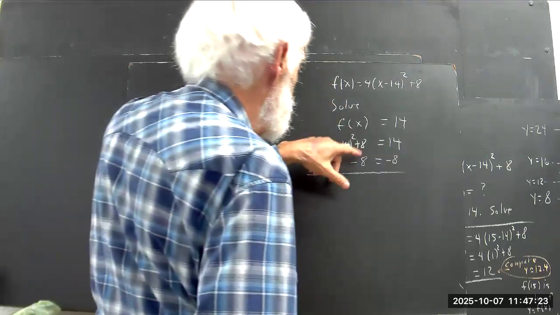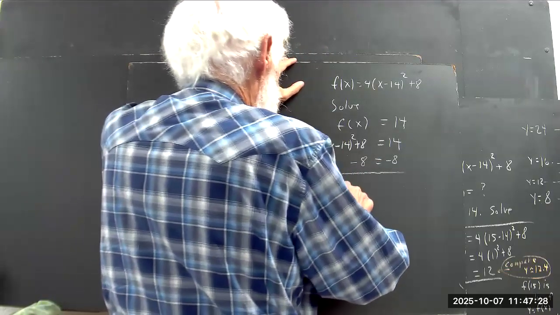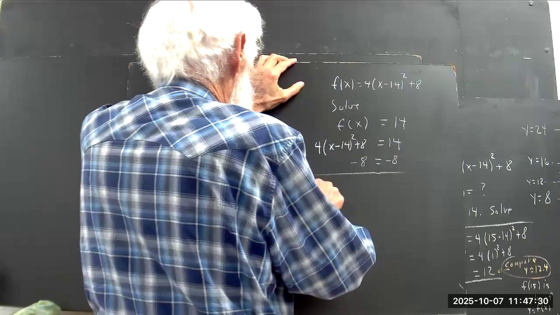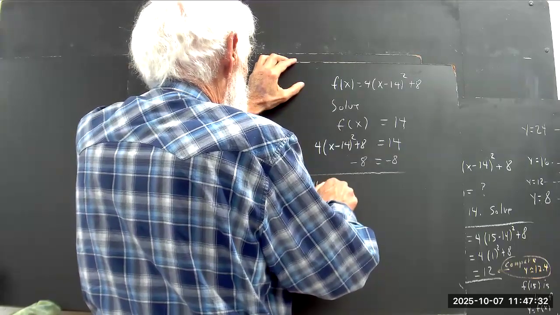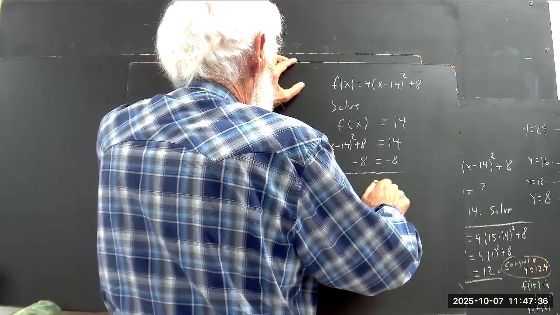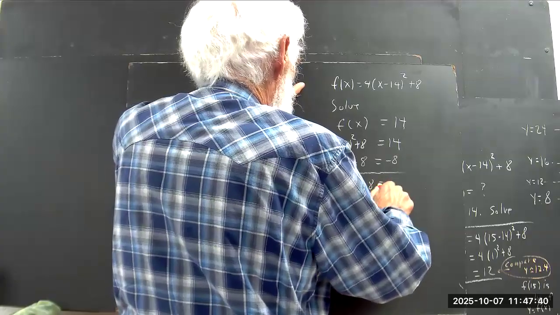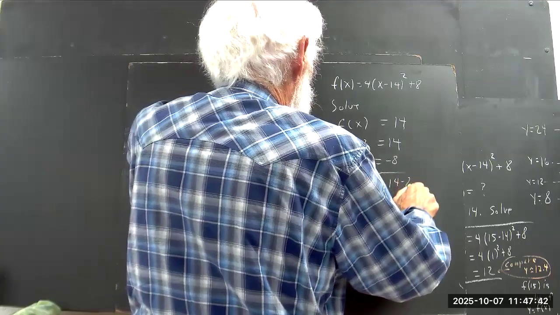Okay, so what we can do is get rid of this 8. That's going to make this a little closer to being equal to x. Of course, that gives us 4 times x minus 14 quantity squared plus 8 minus 8 equals 14 minus 8.